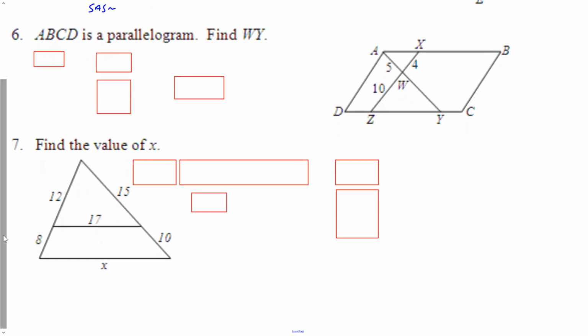In number 6, we're given this quadrilateral ABCD and told that it is a parallelogram. Our job is to find the length of WY. So again, the first question is, are those triangles similar that you see? And if so, how? So I'll tell you right now, they do end up being similar. What way are we able to use to show that we have two similar triangles?